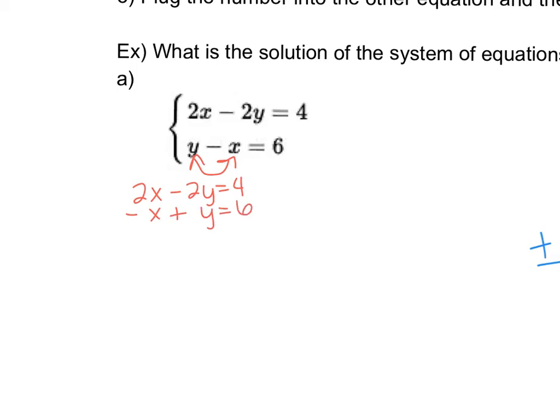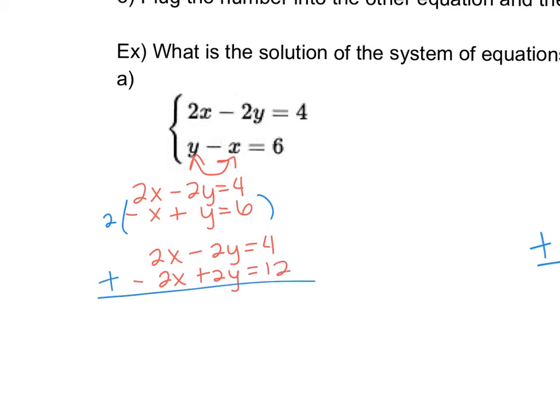All right, now it looks like we need to multiply the bottom one by 2. So we have 2x minus 2y equals 4, and then the bottom would be -2x plus 2y equals 12. Let's go ahead and add them together.